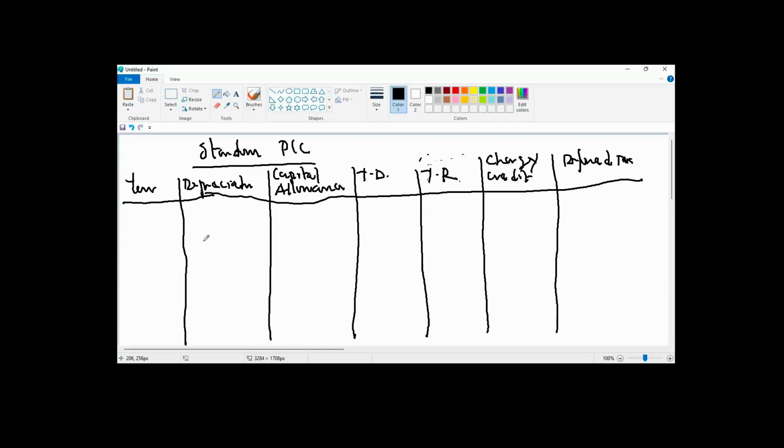But in 2010, no depreciation, no capital allowance. But he said there's a temporary difference of 100,000. Read the question. The question says 100,000. And he has given me 21%.